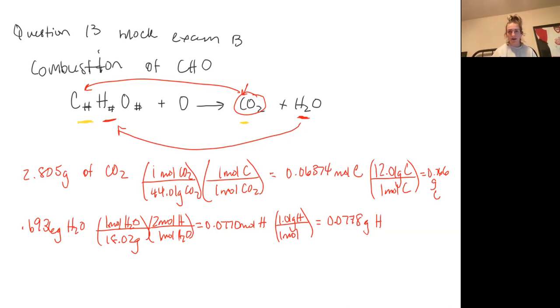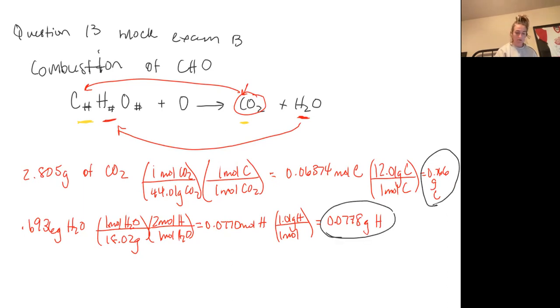Okay, questions on how we got to grams of carbon and grams of hydrogen so far? That makes sense how we got there? Okay, so now once we get here, we have to know what this tells us. Like we said, all of the grams of carbon over here has to go to the grams of carbon in our original compound that we are combusting.